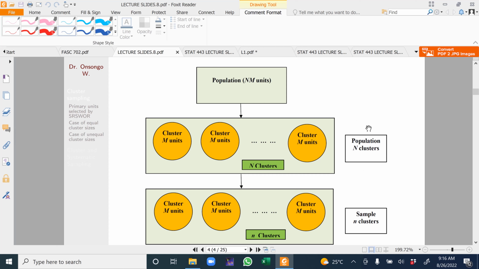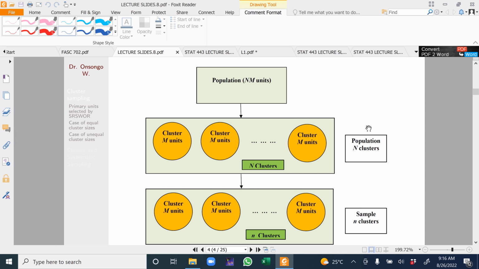Greater Accra, Oti, Ashanti region, Savannah region, Northeastern, all those regions, they are your clusters. So in this case, your population is in form of clusters, regions.